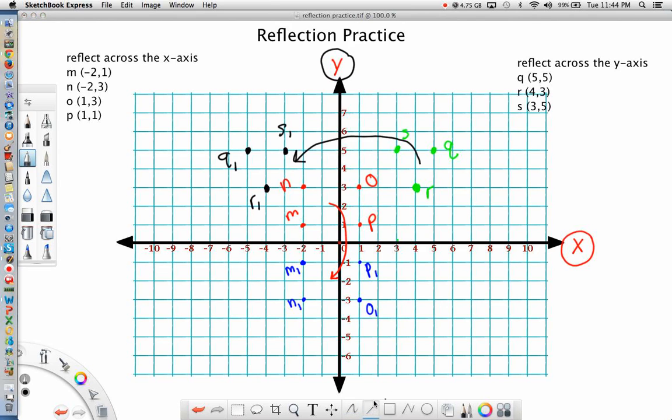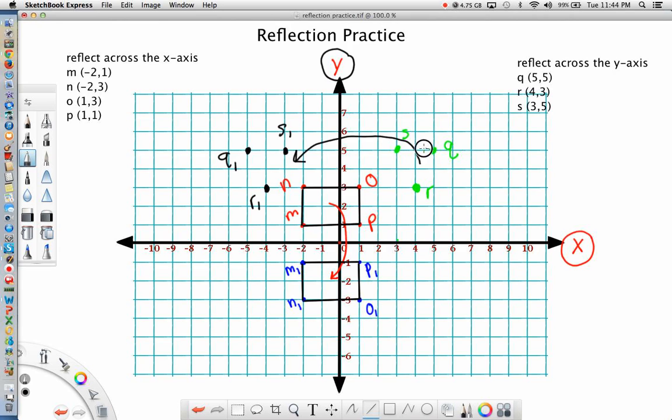Let's do something real neat here. I don't know if you noticed this, but we're going to do this later in our unit: when you reflect points, you can also reflect shapes. If we were to connect these 4 points, that was a rectangle. When we reflected those 4 points, we get the same rectangle reflected across the x-axis.